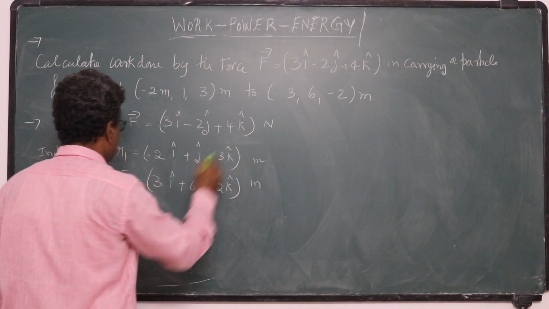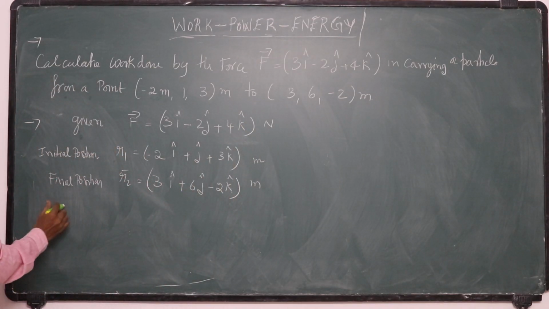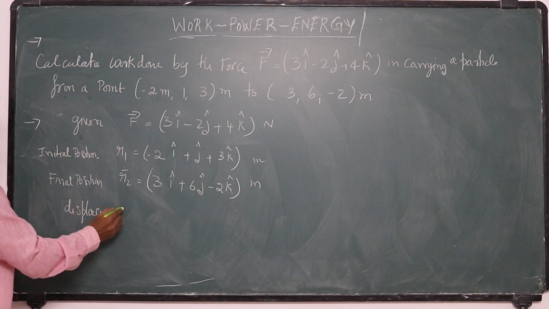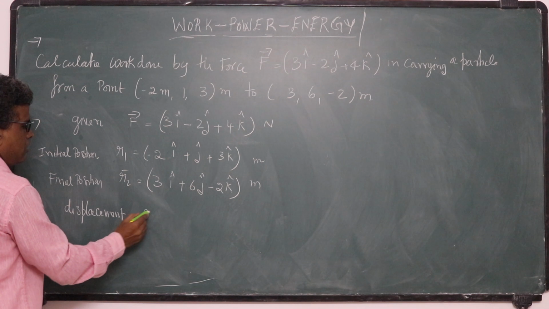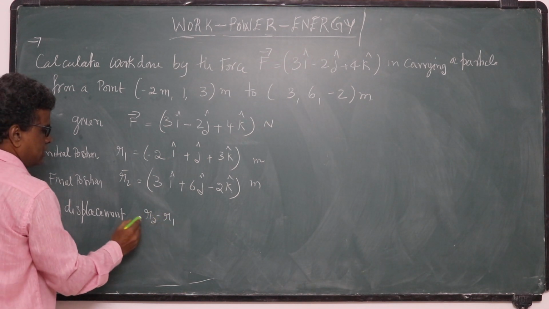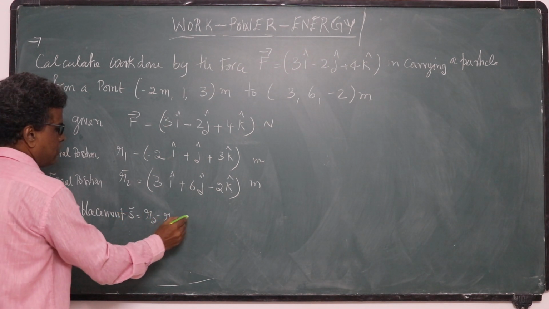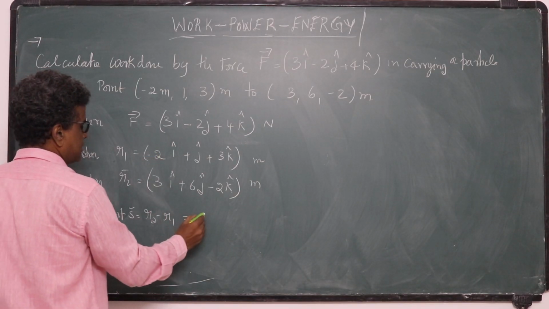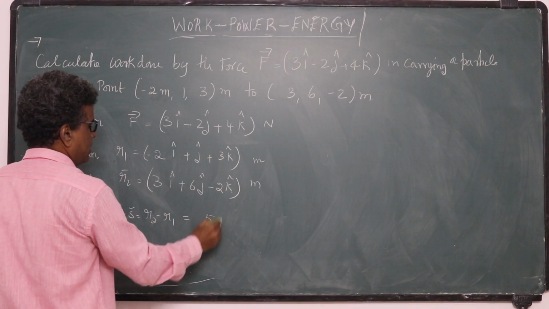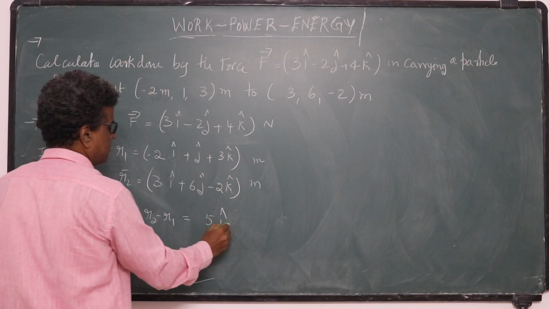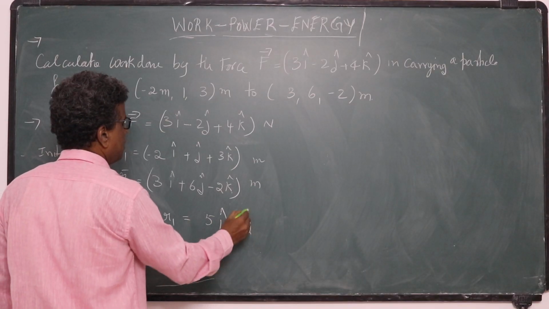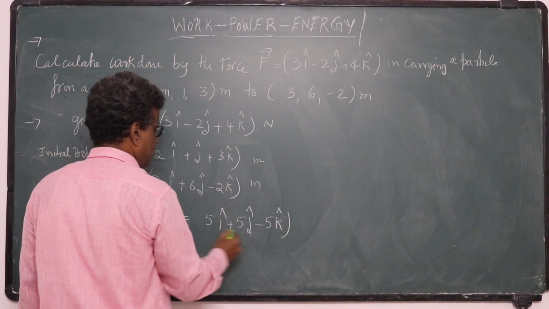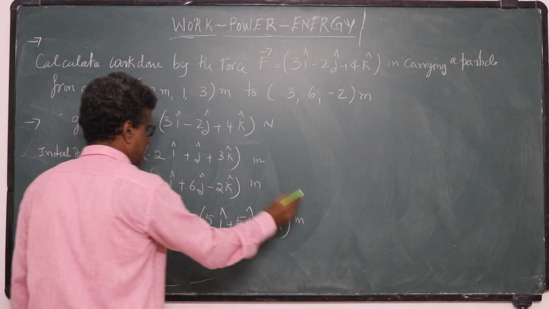What is the displacement vector? Displacement is R2 minus R1, the displacement vector S bar: 5 I cap plus 5 J cap minus 5 K cap. Okay, this is the displacement vector.